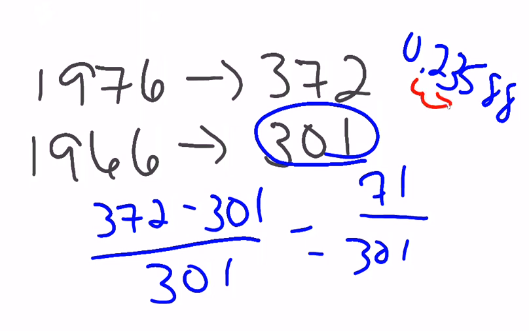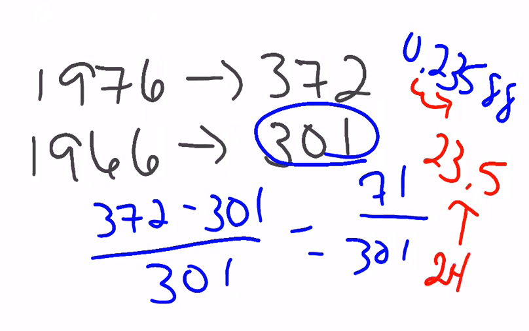That means we move the decimal two spaces over and rewrite that as 23.5, or 23.6 if we round. We want to round this to the nearest whole, so it's 24%. So there was a 24% increase over these years.